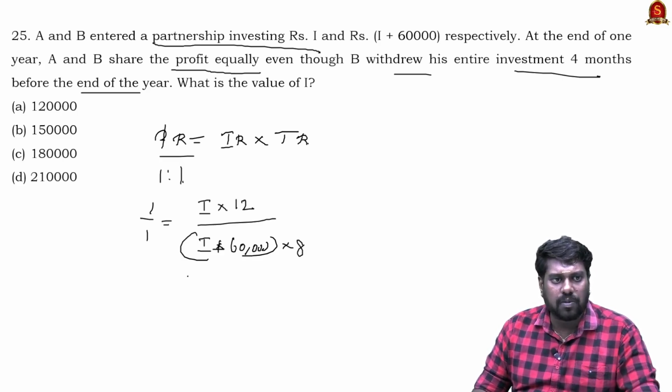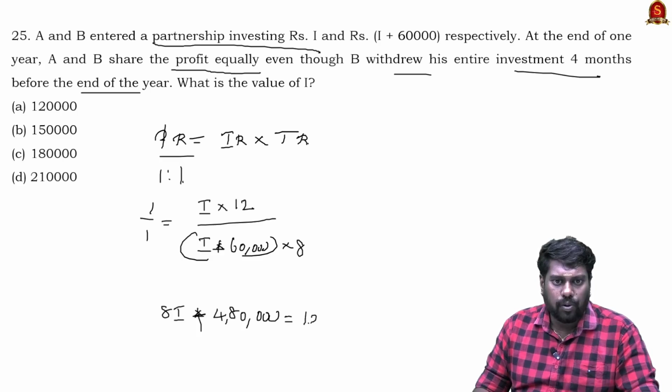Now if you solve this, you will get the answer. So 12i is equal to 8i plus 8 into 60,000, 6 8s are 48, so 4,80,000.